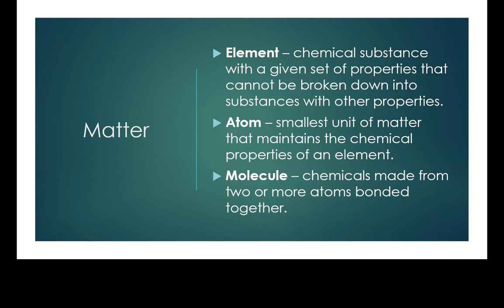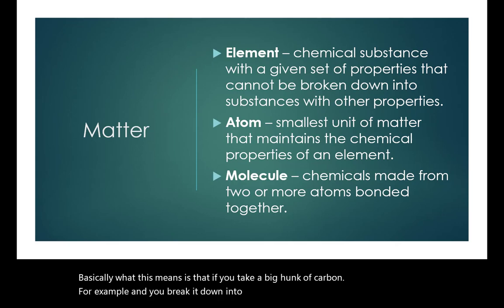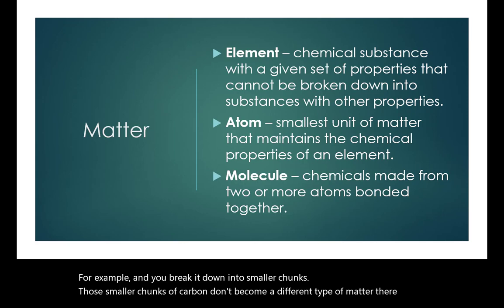Basically, what this means is that if you take a big hunk of carbon, for example, and you break it down into smaller chunks, those smaller chunks of carbon don't become a different type of matter. They're still carbon, right?